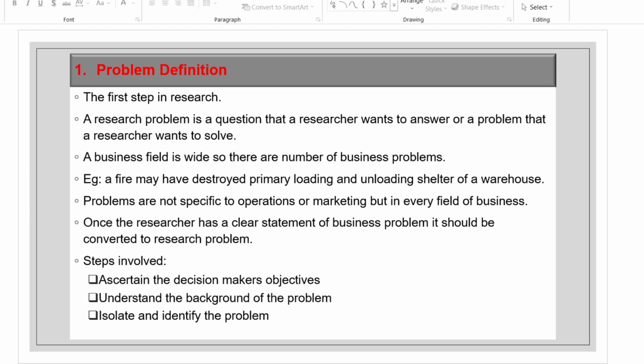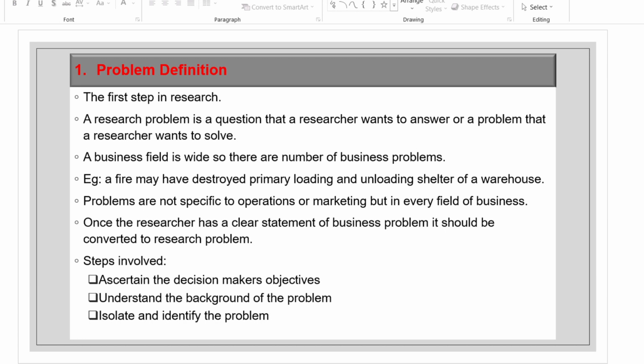Let's see what is problem or what is research problem first itself. A research problem or a question is something that a researcher wants to solve. Now in a business there are wide areas, and as much of areas as there may be that much of problems. So business has many problems to face.